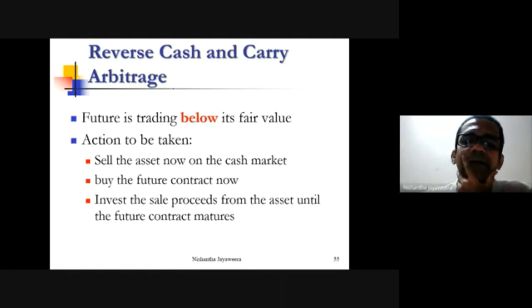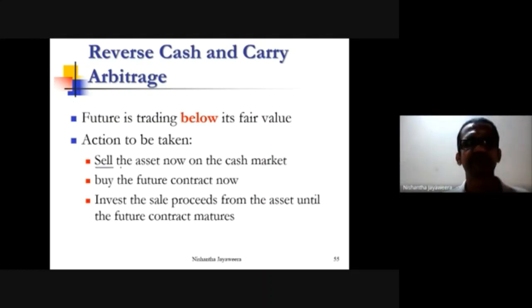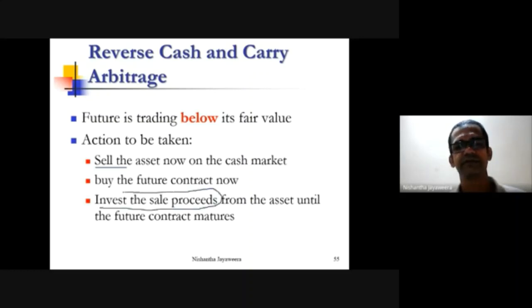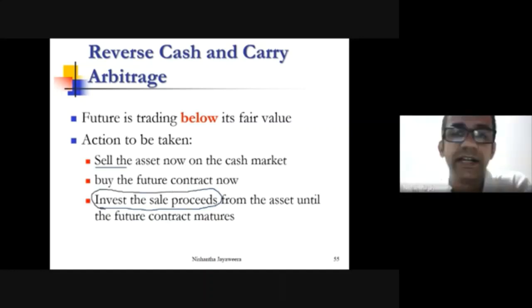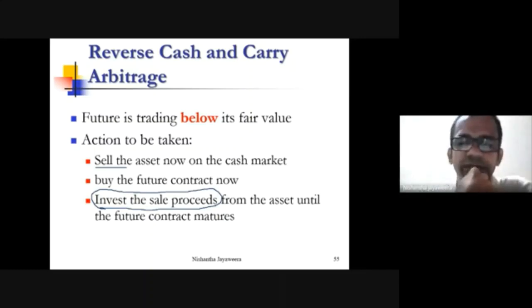But practically what would happen, since we are selling short here, whatever the sale proceeds, we keep it with the lender of the asset. It may be our broker or margin provider.